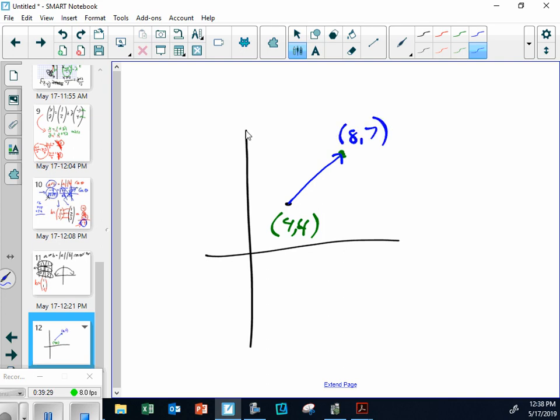Well, then it went up 4 and up 3. So that would be like this. It went 4 in the I direction and 3 in the J direction. So if I give you 2 points, I've really told you a point to start at and a direction to go. Direction vector. There. Now you know everything.